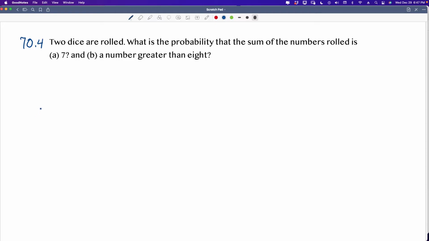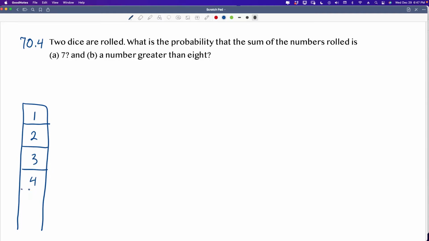So we have 2 dice, right? The 1 dice, I'm just going to draw a little grid here. The possibilities for the 1 dice is 1, 2, 3, 4, 5, and 6. Those are the opportunities for the first dice.